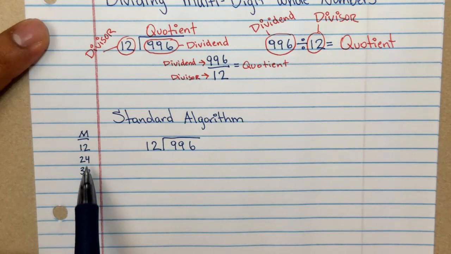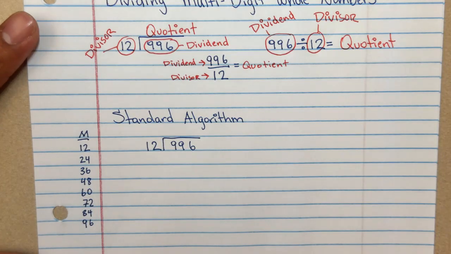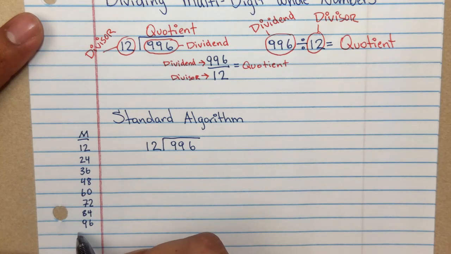So 1, 2, 3, 4, 5, 6, 7, 8. And I can even do one more, which would be 108.